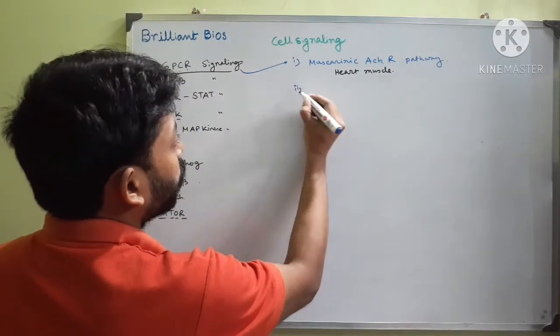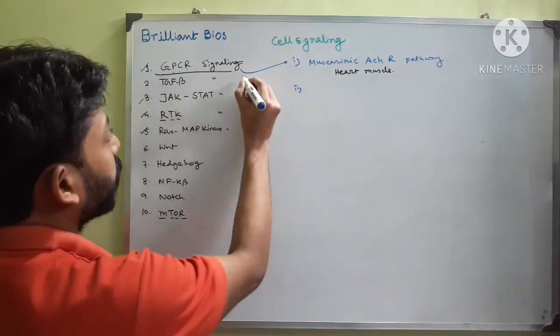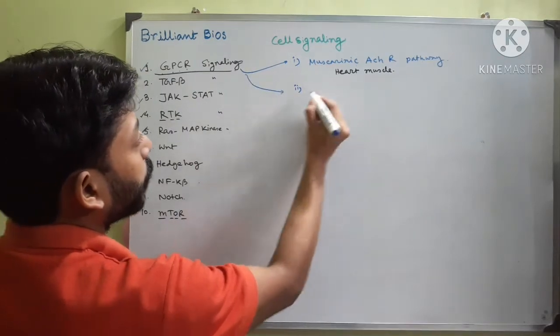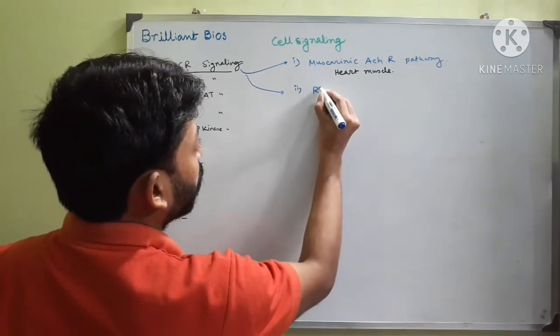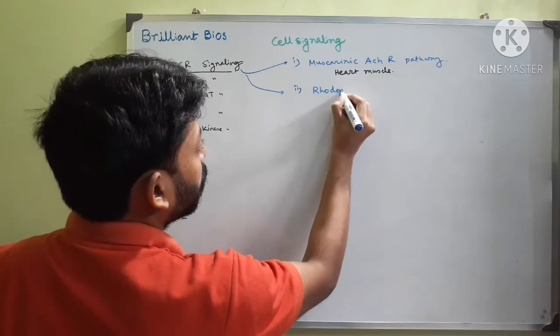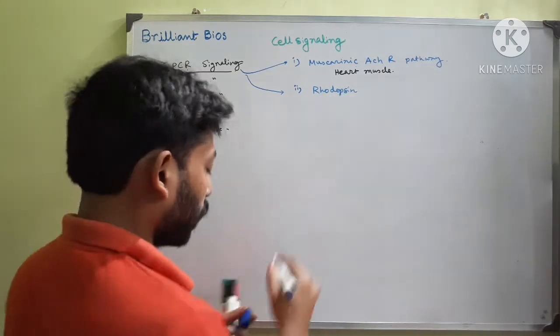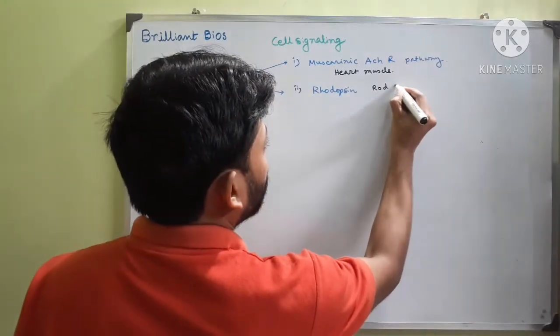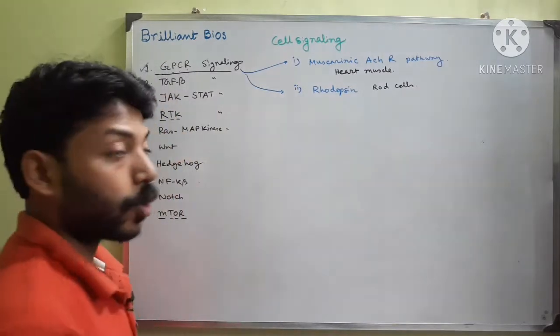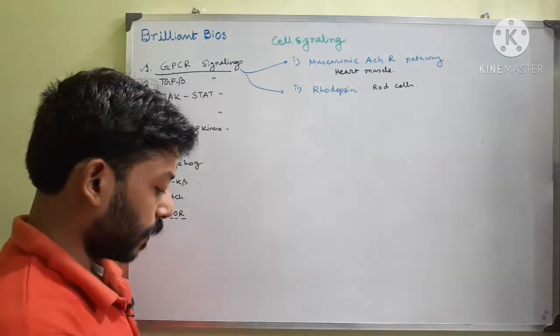The second type of this G protein coupled receptor can be called rhodopsin. That is, this rhodopsin is actually a G protein coupled receptor that is present in the rod cells of our eyes. Okay.